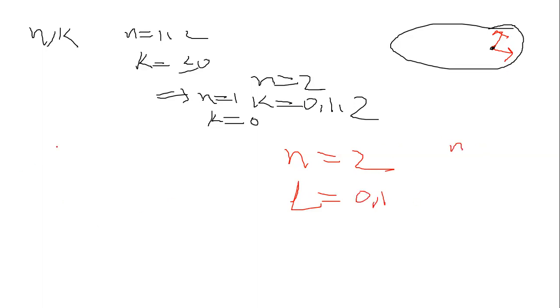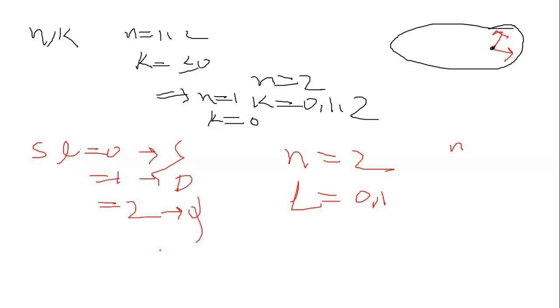For L equals 0 it was S, L equals 1 it was P, L equals 2 it was D, L equals 3 it was F, like that. So due to quantum mechanics, we get different values of L.